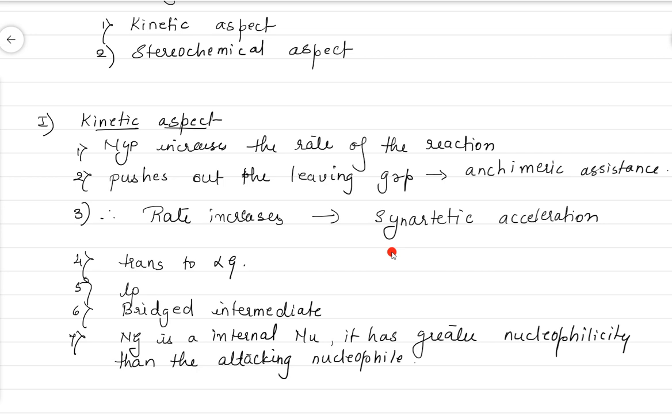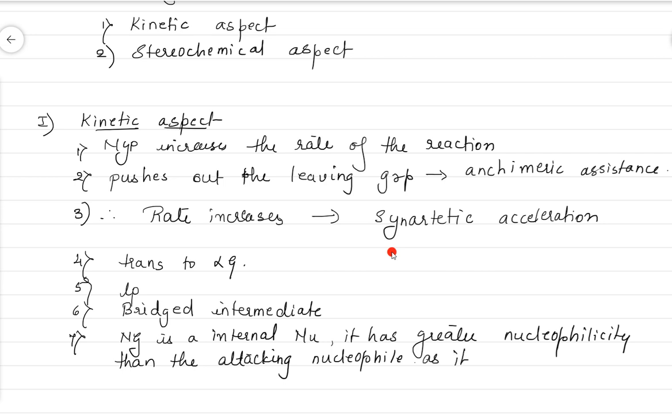And another important factor is that, because it has greater nucleophilicity than the attacking nucleophile, this group attacks first, before our reagent. Why is it attacking first? Because it has greater nucleophilicity.